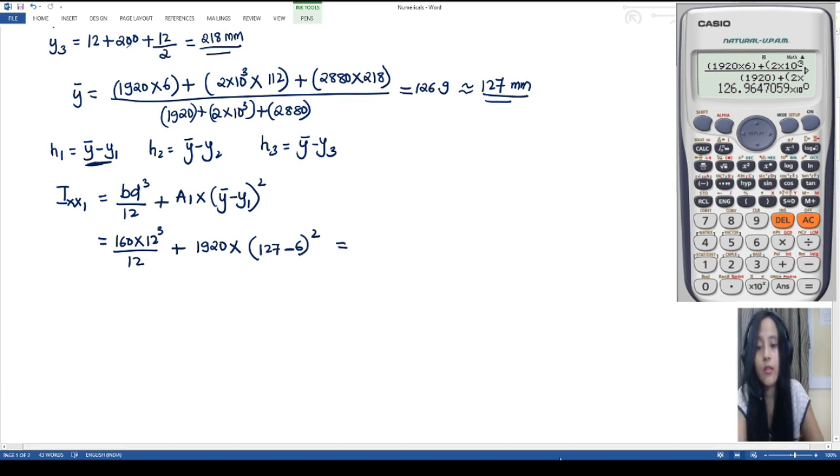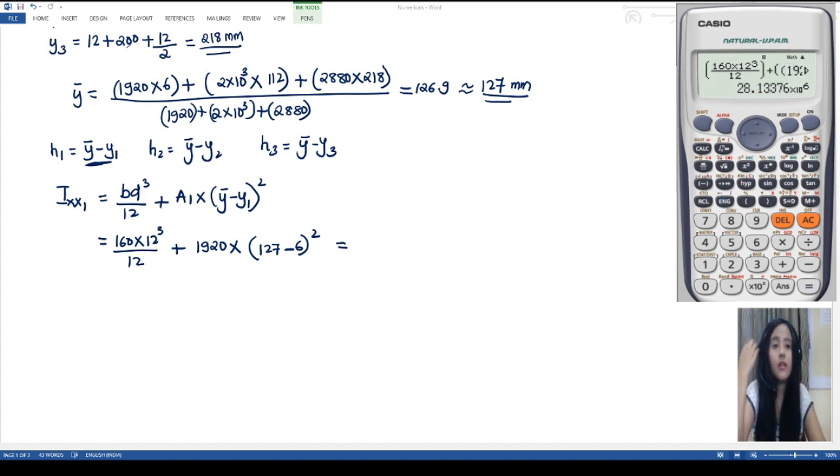Now let me solve this in a calculator again. I'll open the bracket: 160 into 12 cube by 12 plus, let me open the bracket again, 1920 into 127 minus 6 the whole square, and bracket close.